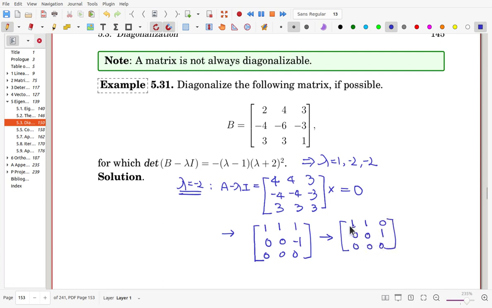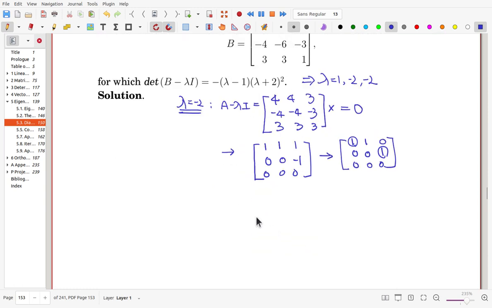Right? Now it's a reduced echelon form, and x2 is the single free variable, so that x1 equals -x2. x2 is a free variable, and that means x3 equals 0. So from here, the general solution of this homogeneous equation is, along with x2 as the parameter, direction is -1, 1, 0.